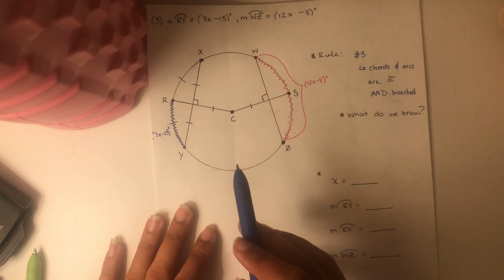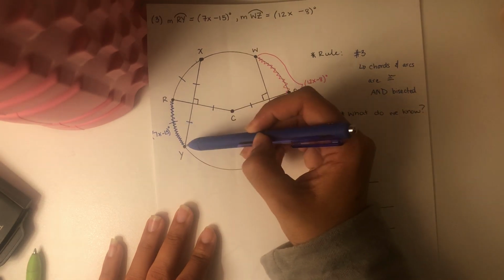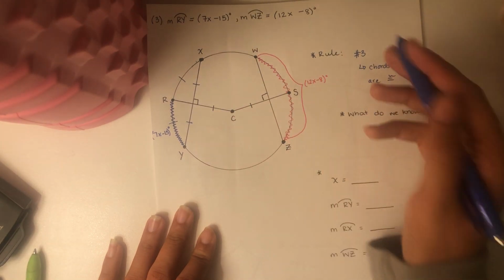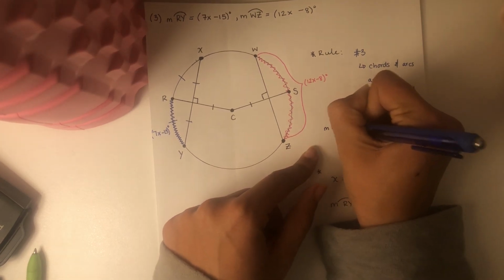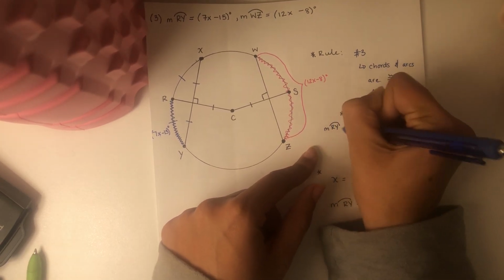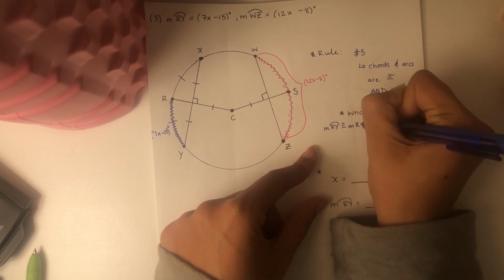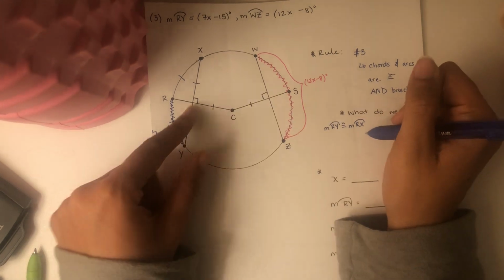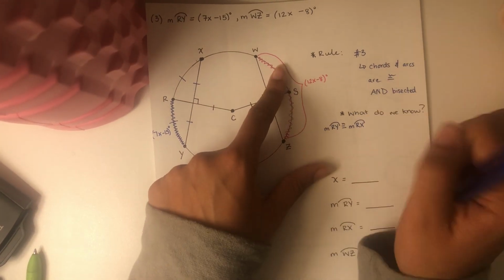So what do I know from this problem? Well, one thing's for sure. RY is going to be congruent to RX. So the measure of RY is going to be congruent to the measure of RX. But if these 2 things are congruent, then over here we got the same thing.